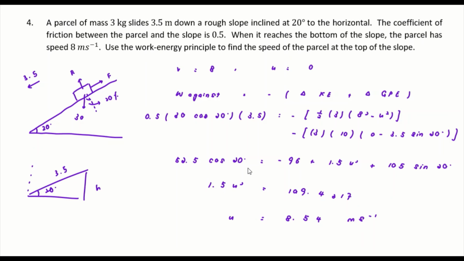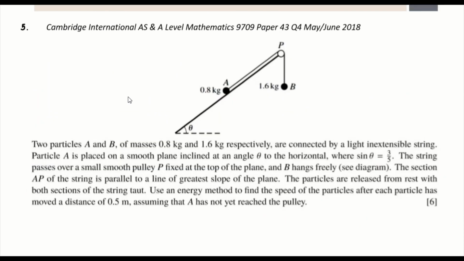Now let's look at the last example, which deals with two particles. I just want to show you that no matter which idea you use, it's basically the same thing. So let's look at the last one. Two particles A and B, of masses 0.8 kg and 1.6 kg respectively, are connected by a light inextensible string.